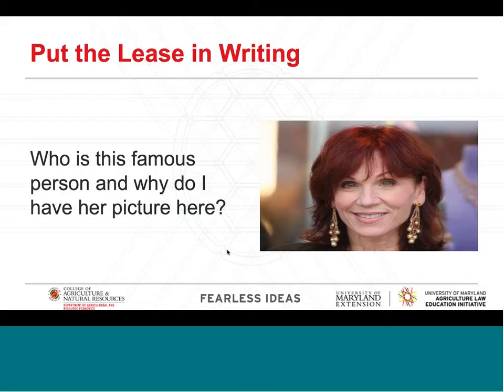If you are one of those lucky people and the other party is one of those lucky people that has this total recall, you have the ability not to put together a written lease, at least with that party. For all the rest of us, we have crappy memories, and we need to think about that when we're developing these things, as a way to develop a lease in writing so that we can at least remember what happened.